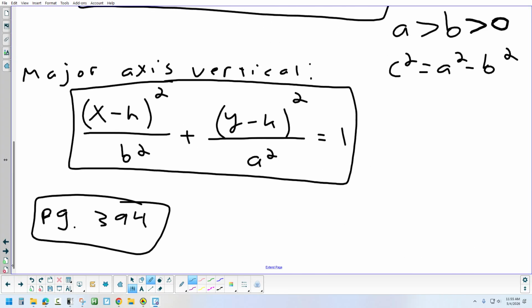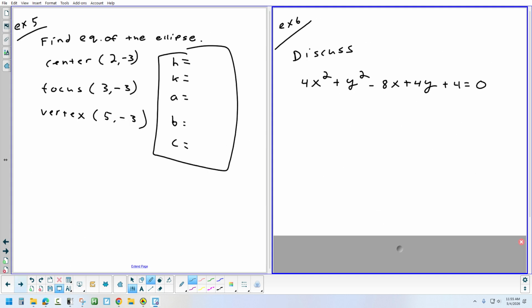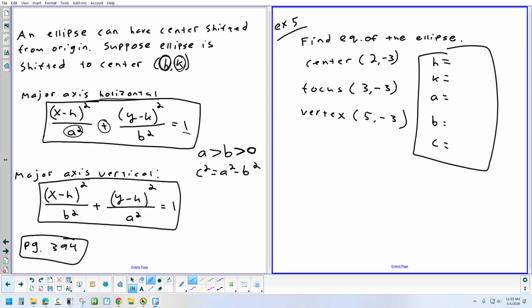Okay, so let's try it. Okay, center, focus, and vertex. So 5 letters we need to find. A, B, C, H, K. And find them in any order you want.